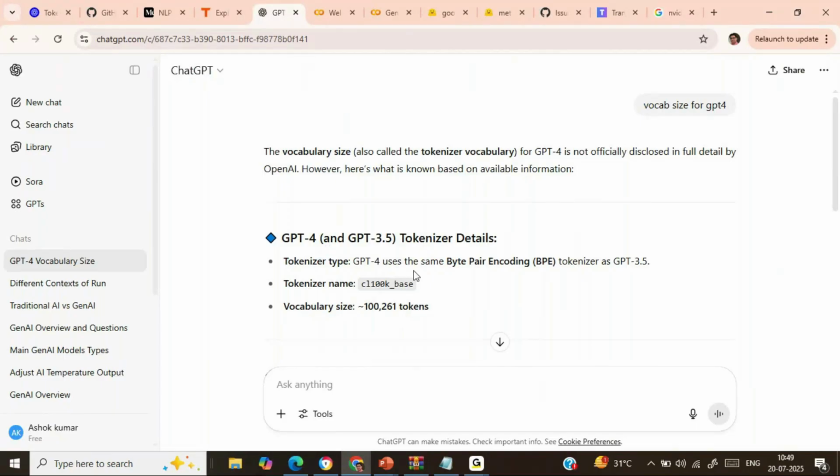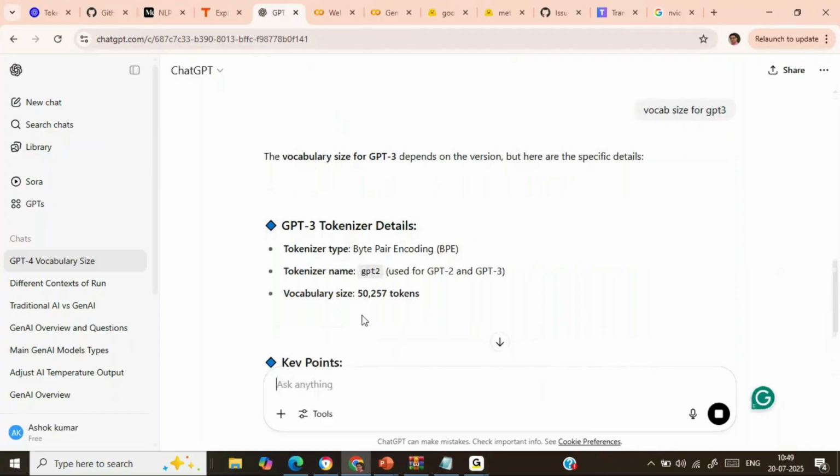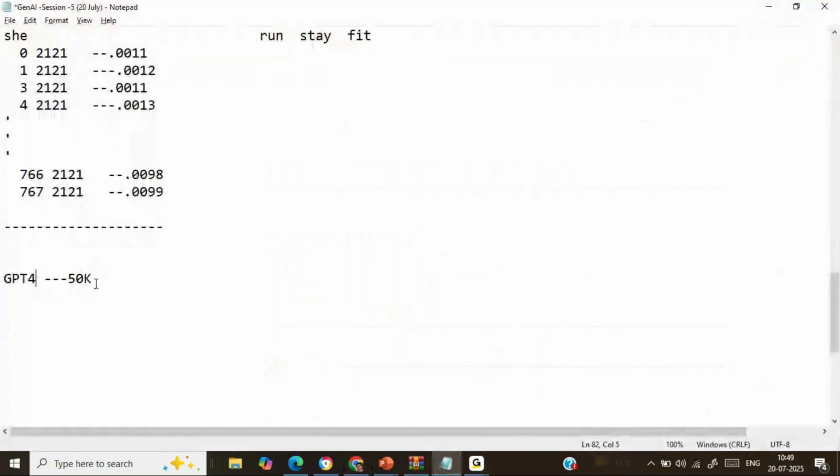GPT-3, that is 50K, I think. Okay, 50257. So isn't it something we should change with daily inputs of the users, the vocab size?